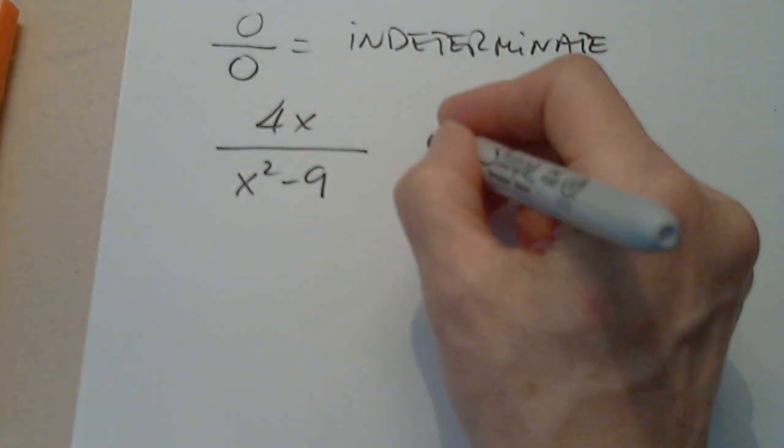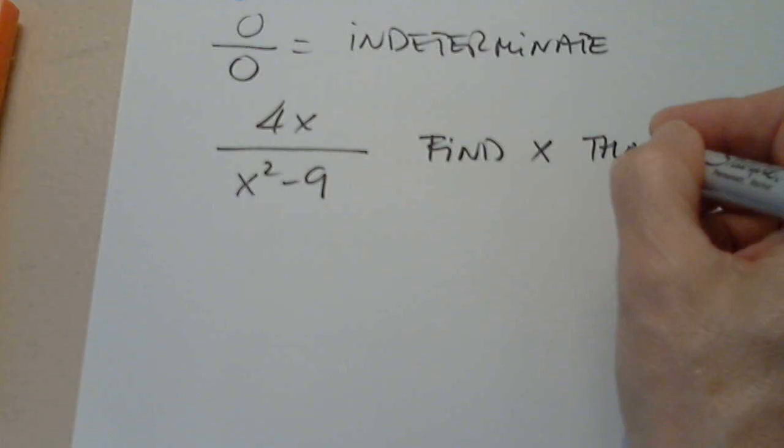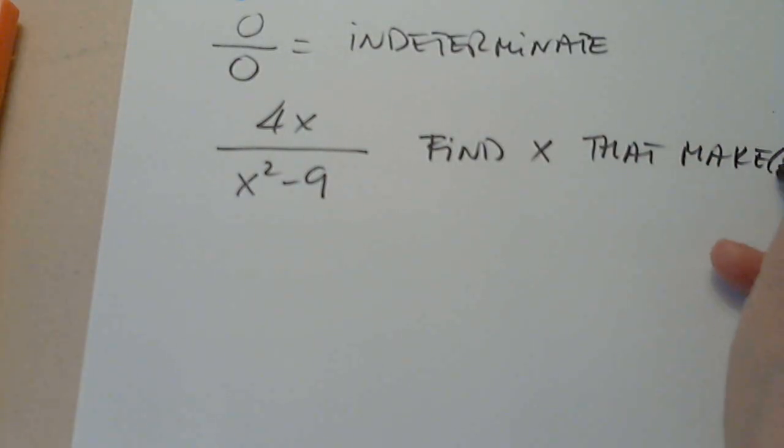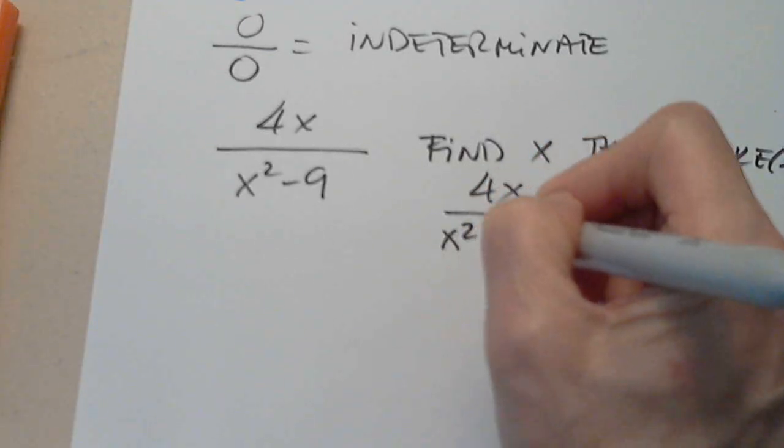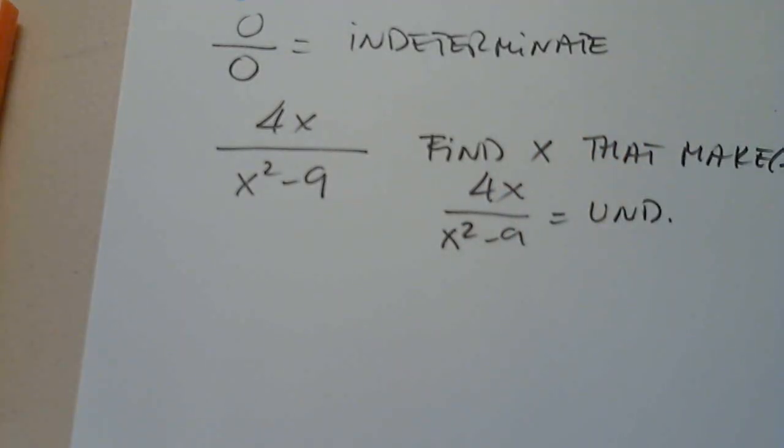And the question here is, find x that makes 4x over x squared minus 9 undefined.